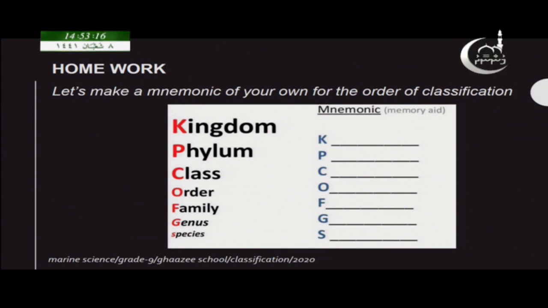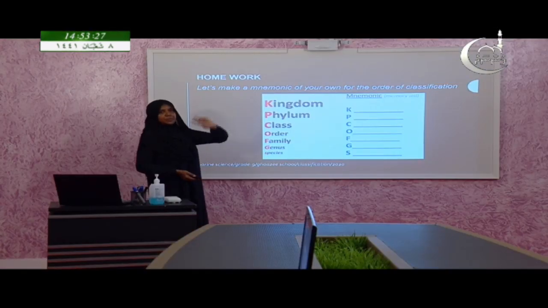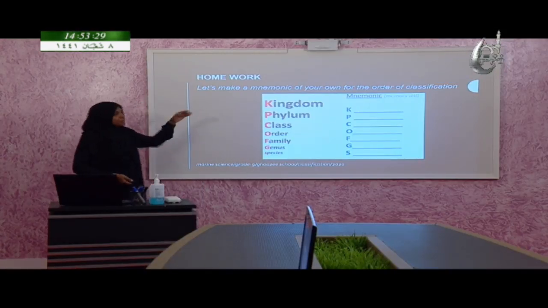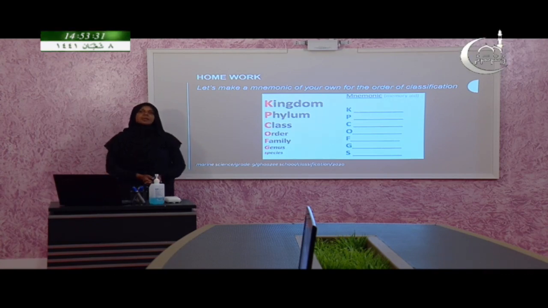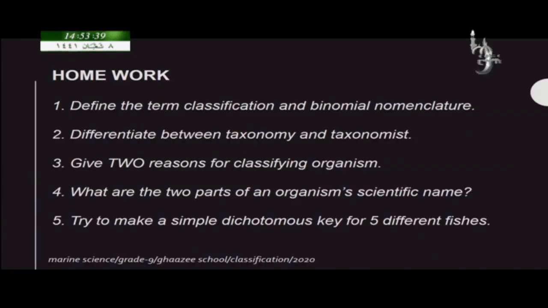The first thing that you can do is to make a mnemonic for the order of classification. As I have shown you previously 2 mnemonics, you can try to make your own mnemonic, so then it will be much easier for you to learn this. And then here are a few questions that you can try at home.